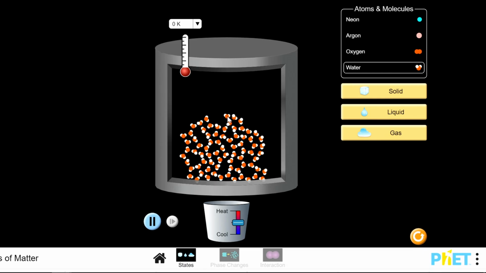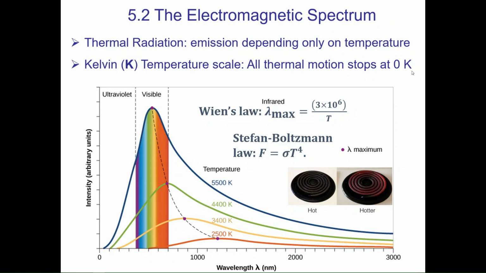There's no way you can ask the molecules to lower their speed or move less, because they have already stopped. Sometimes we call 0 Kelvin absolute zero because there's no way you can go to a lower temperature than 0 Kelvin. All the molecular motion has already stopped at 0 Kelvin. There is no way they can slow down even further.